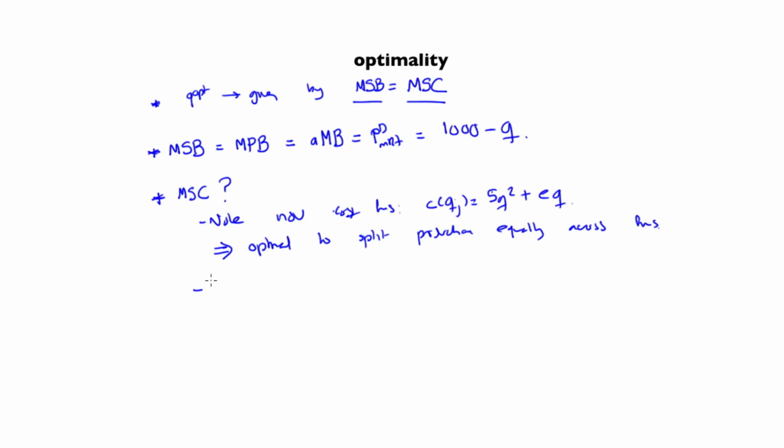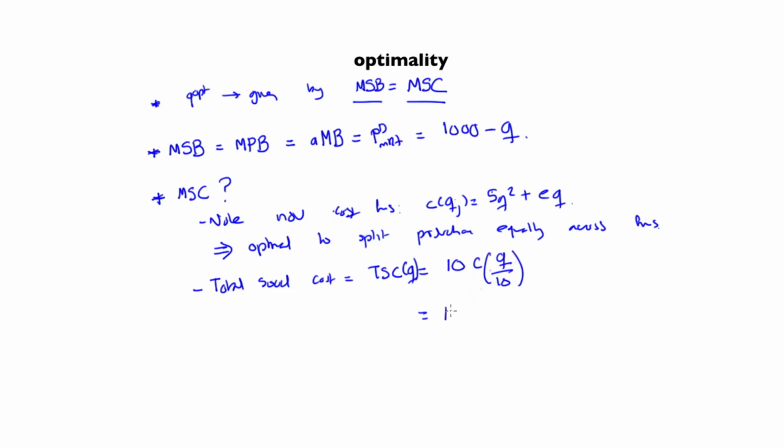That implies that total social cost, TSC, is equal to 10, because there are 10 firms, times the cost for each firm of producing Q over 10 units, the cost of producing in a typical firm.